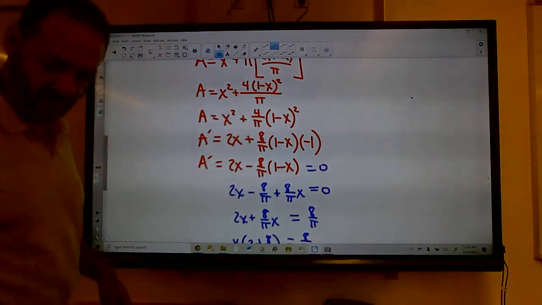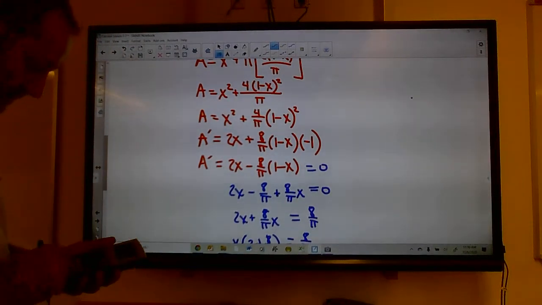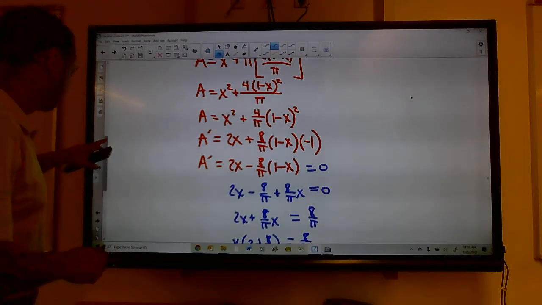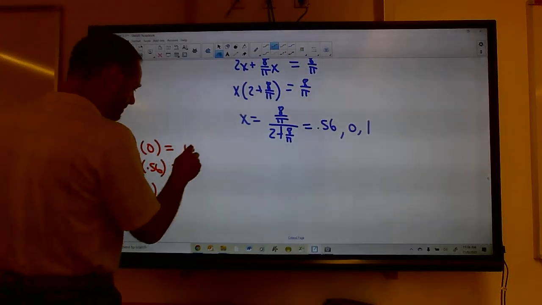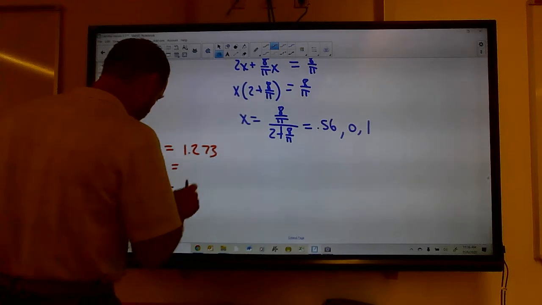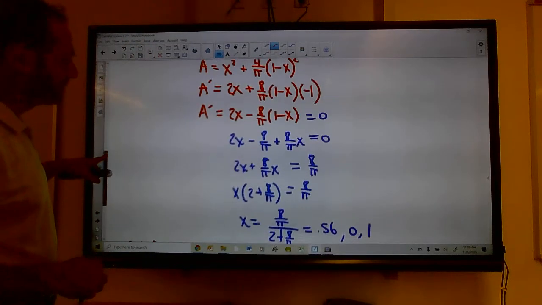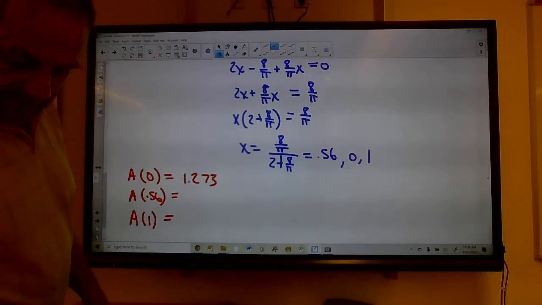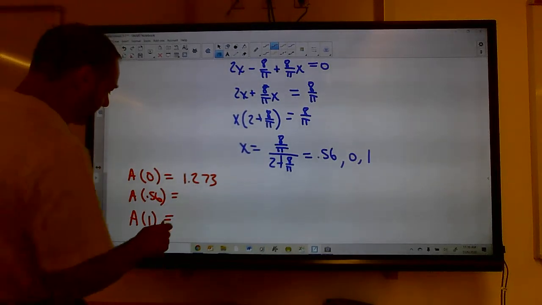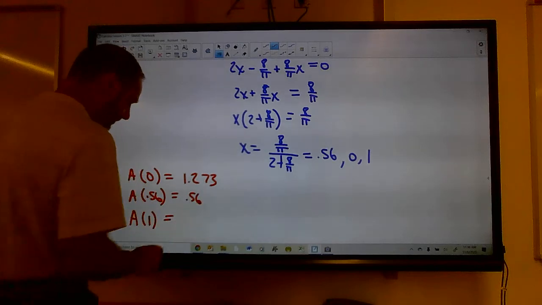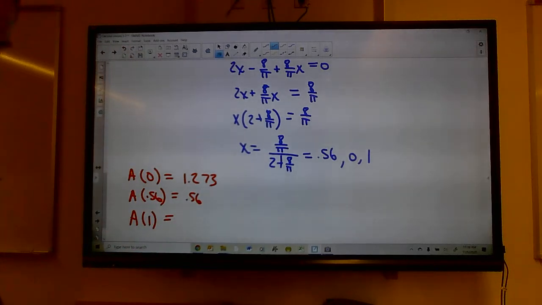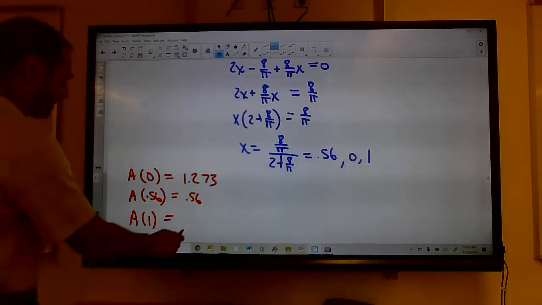So it's just going to be 4 divided by pi, 1.273. If I plug in 0.56 into that equation, it comes out to be 0.56. If I plug in 1 into that equation, it actually comes out to be 1.